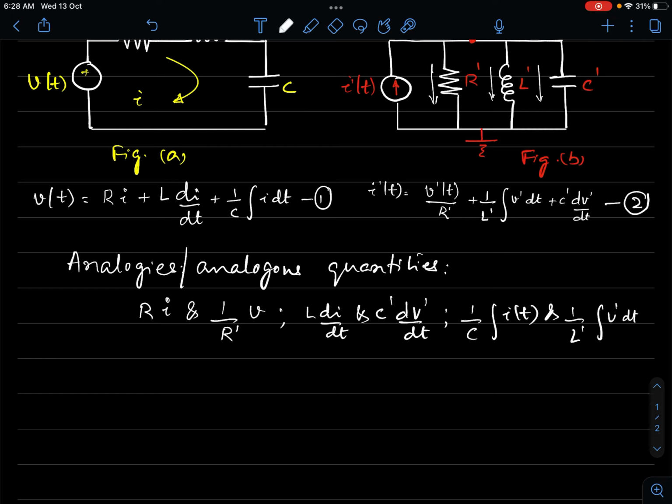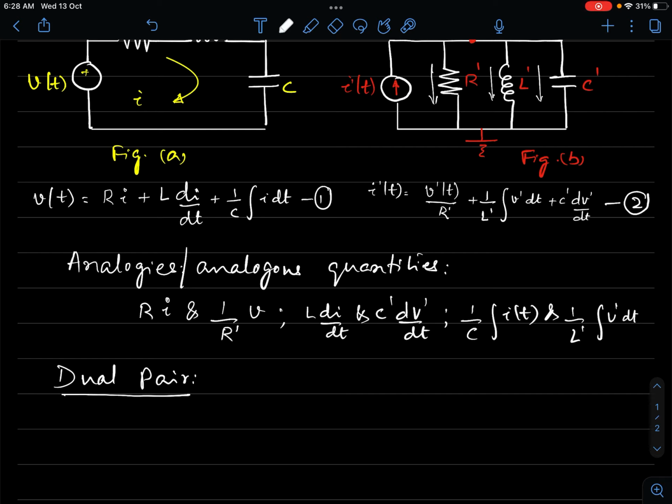If we want to write the dual pair, it can be obtained like this. From this, what we deduce is dual pairs. That means, what is the dual element? What is the dual of a particular element? Or what two elements would form a dual pair?